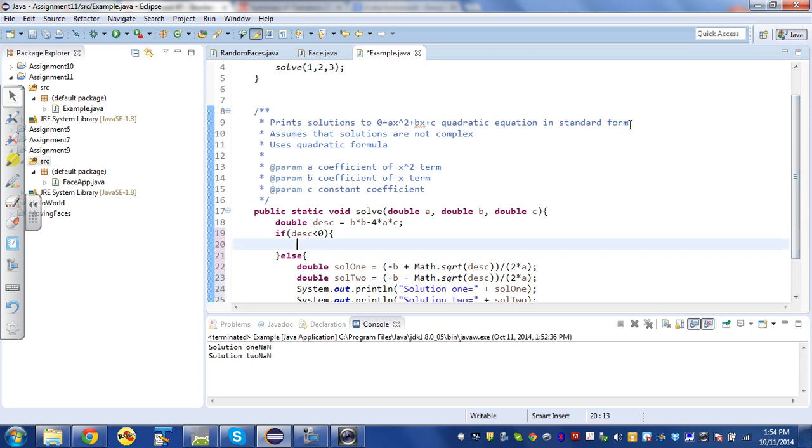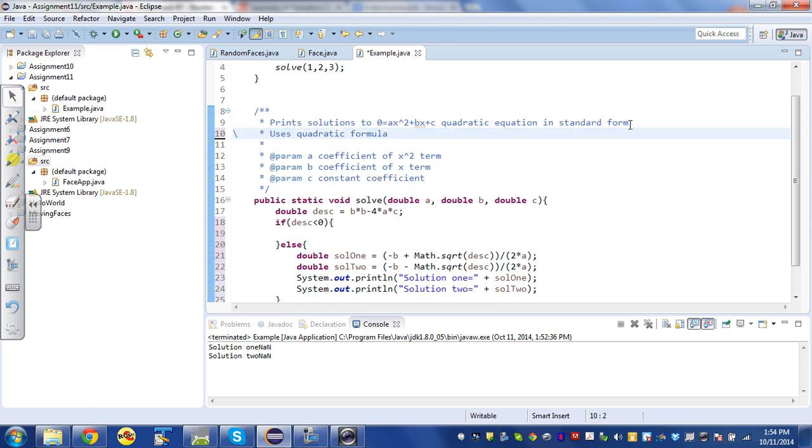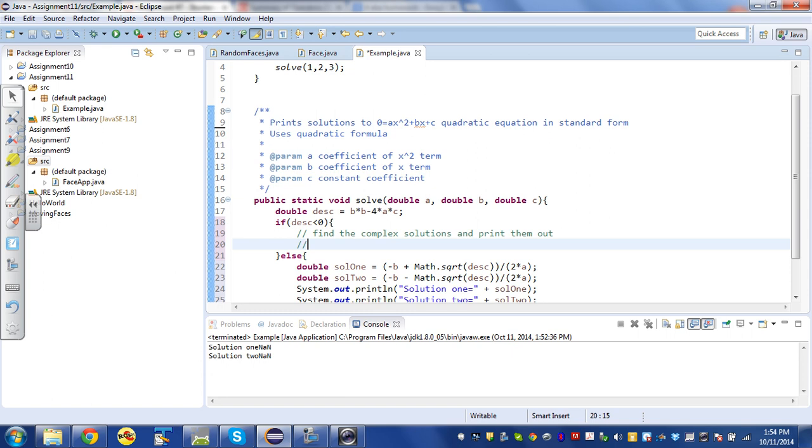Okay, and then we can get something that does not assume that it's got real solutions. So what I would like you to do is find the complex solutions and print them out.